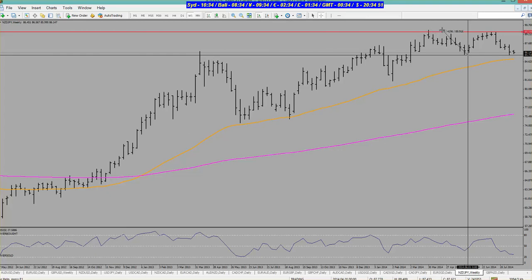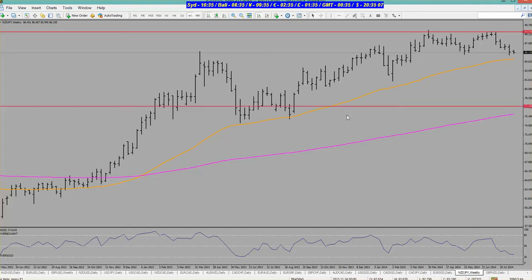If it breaks that, then you're looking at, let's call that 400 pips at 800 pips down, around 77.50. It's not quite those lows, but yeah, in there somewhere is your target area. That's certainly something to look at as well.